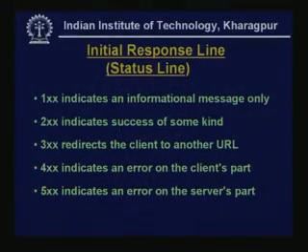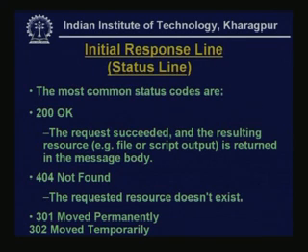So, 3xx redirects the client to another URL, 4xx indicates an error on the client's part, and 5xx indicates an error on the server's part. So, maybe the client gave a resource name that does not exist. So, that is a 404 and so on. So, that is the status line.